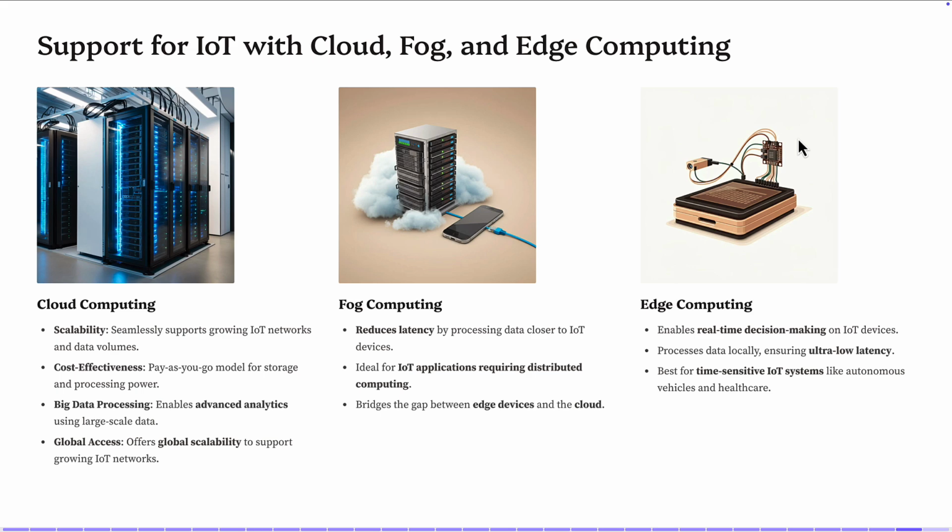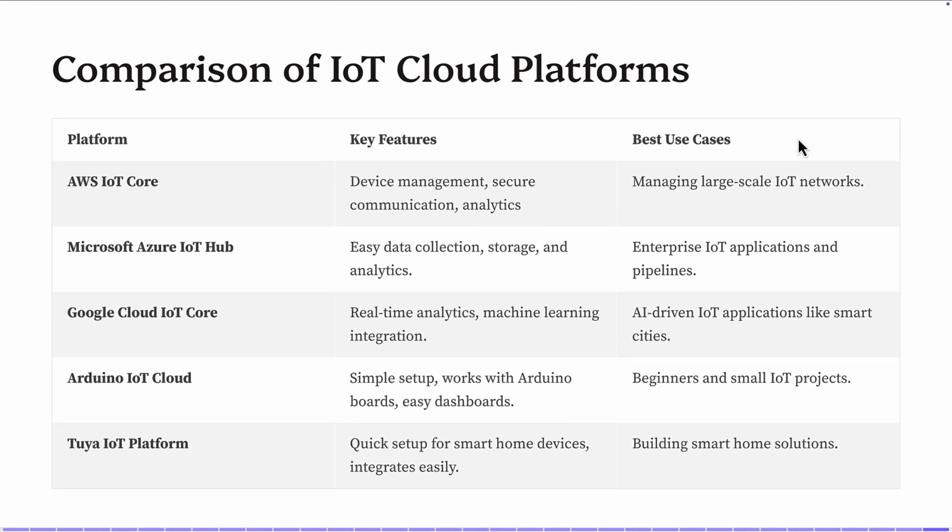Okay, so this is just a summary of what we have talked about. Now, cloud platforms, there are different types of cloud platforms, and probably we will work with some of them during this lecture, like AWS IoT Core. So it's an IoT cloud by Amazon, and it is good for device management and secure communication and analytics.